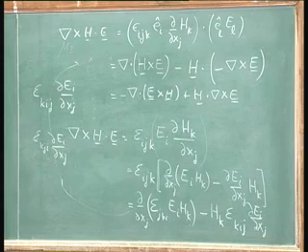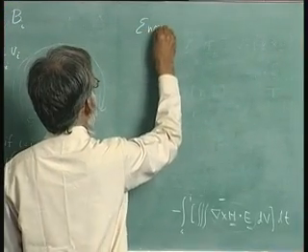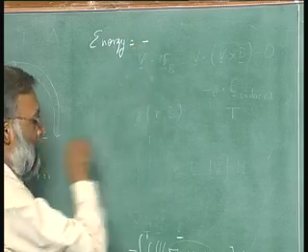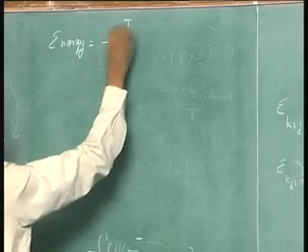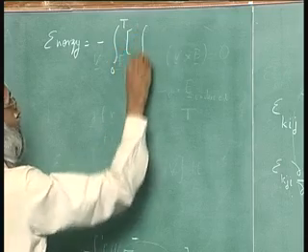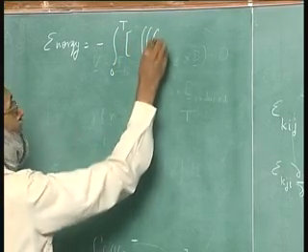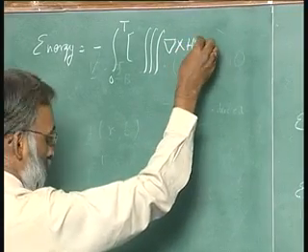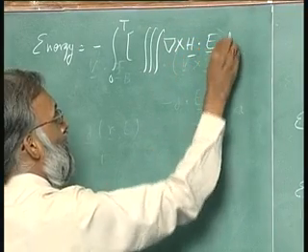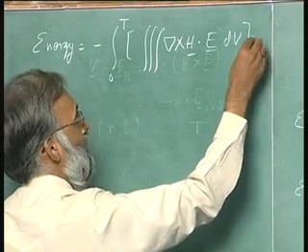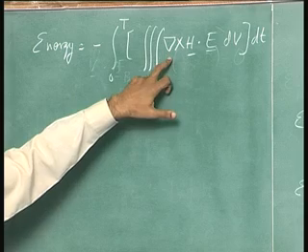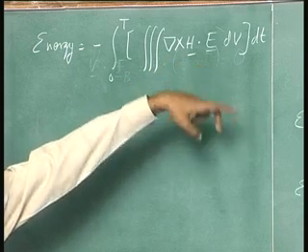So, we now need to calculate the total energy, which is equal to minus of integral 0 to t volume integral curl of H dot E dV dt. But we already have an expression for curl of H dot E, that is exactly what we have done here.